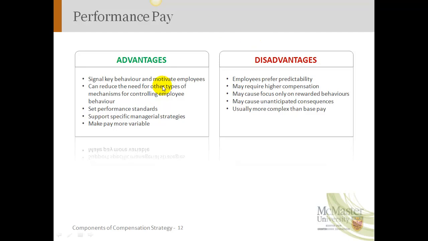So again, it's going to reduce the controlling behavior, pulling away from the human relations and the classical managerial strategy to more of a high involvement. It makes it very clear what the standards of performance are. It supports, I would say, the specific managerial strategies, the high involvement, and it does make pay more variable.